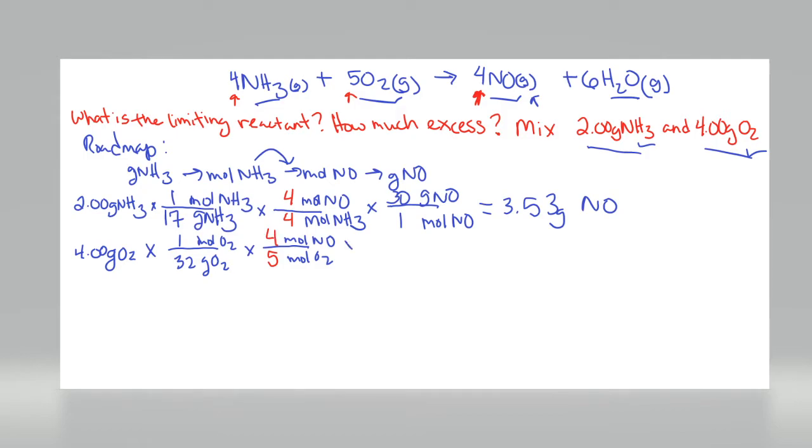Last step, moles of NO to grams of NO. It's the same step as before. We have 1 to 30.